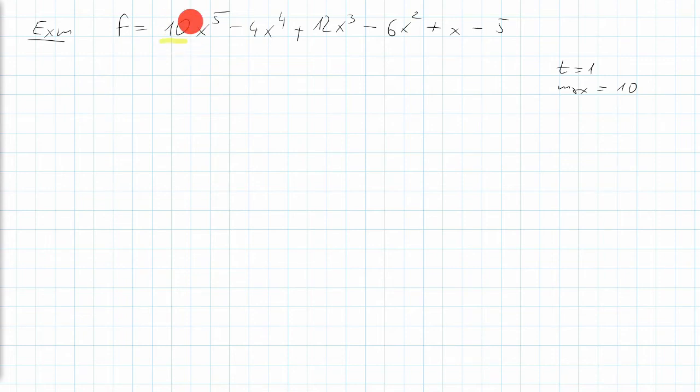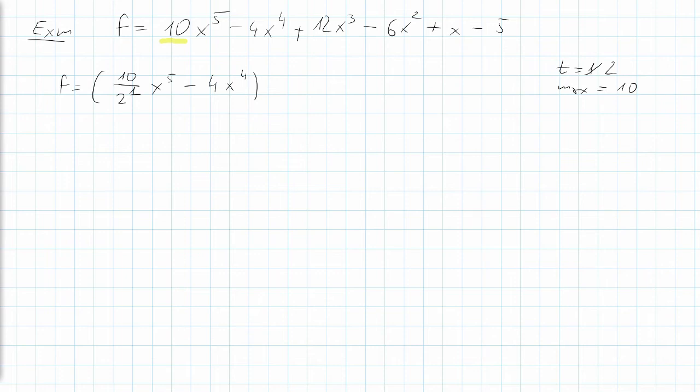So we start here. Now the first term here is a negative term. So we just write 10 over 2 to the power t, when t is 1, x^5 minus 4x^4, and now our t is 2.